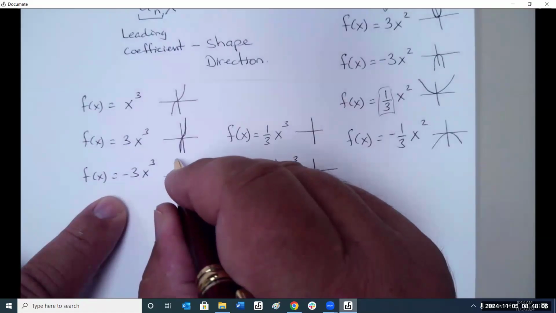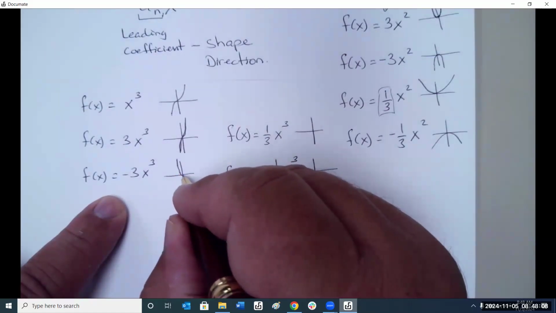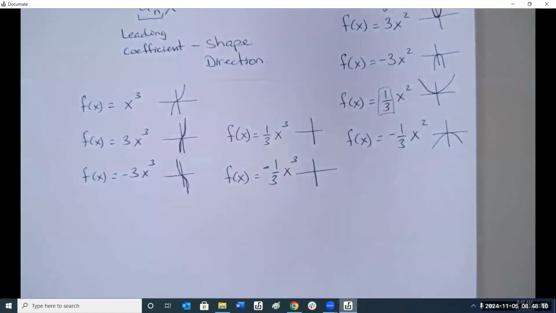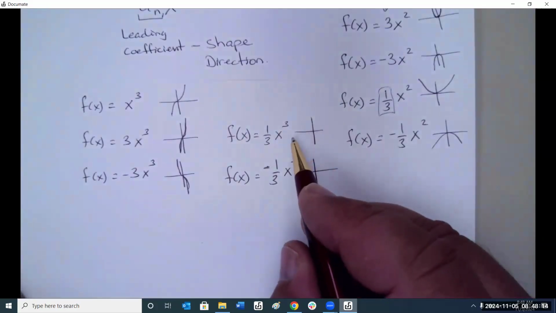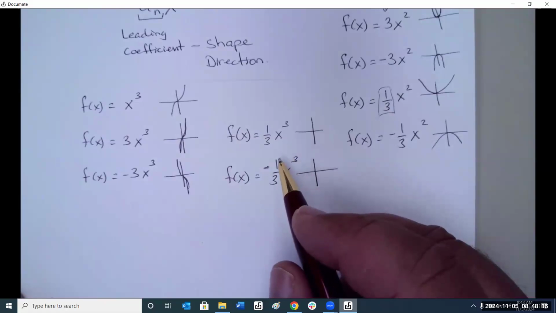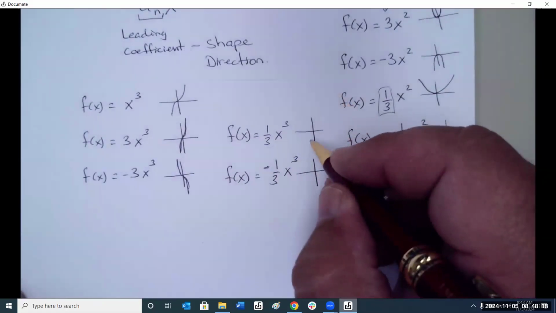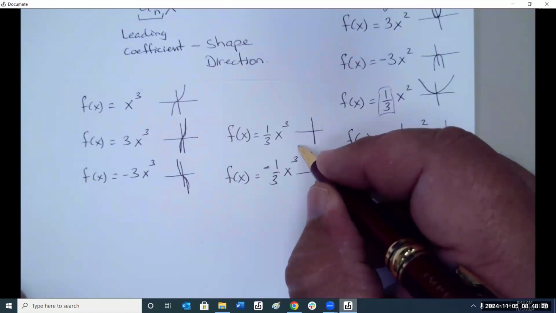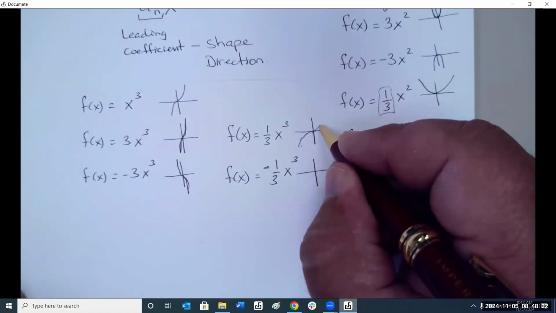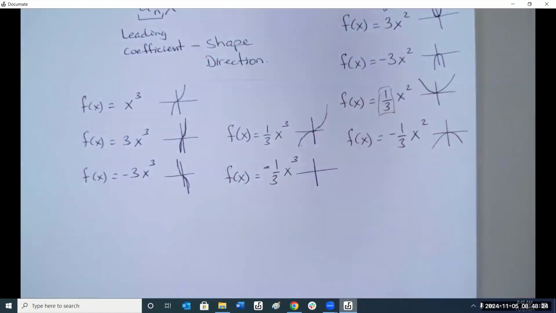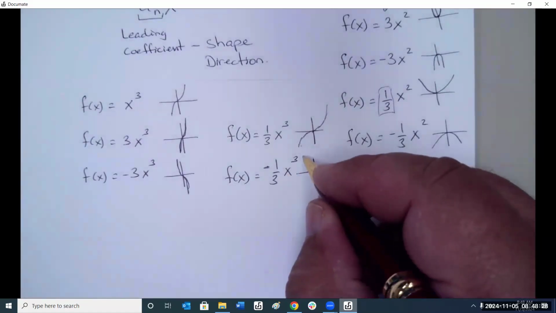It's going to flip, but it's still going to be very, very skinny. And 1/3? It's going to be much wider. And the negative makes it go the other direction.